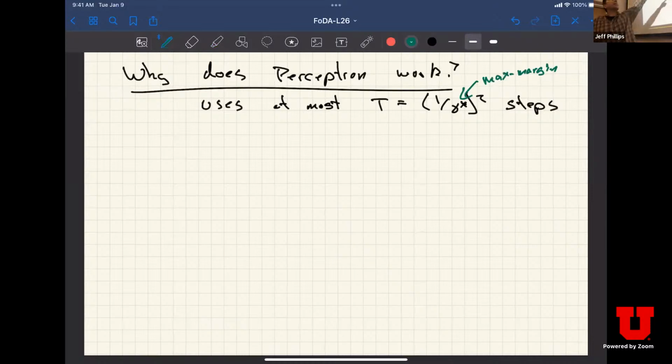So this bound somehow is, if we didn't normalize all the points, we somehow need to scale this by the norm, the size of the data. But we've normalized all the points, so the margin is something between 0 and 1. So for instance, if the margin is 0.1, we're going to need at most like 100 steps. That's in the worst case. We need at most 100 steps. It's often much less than that.